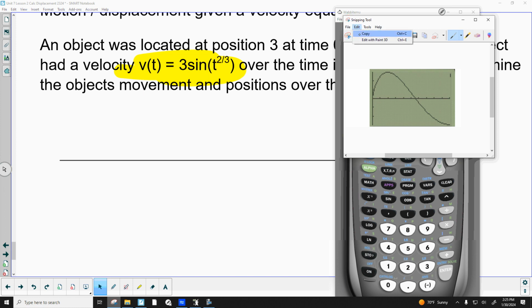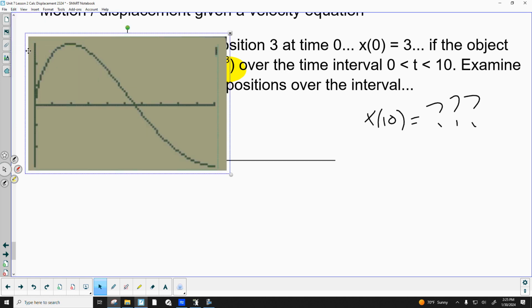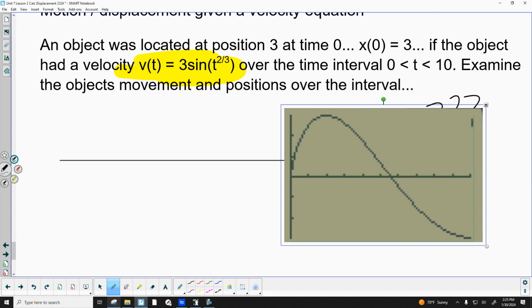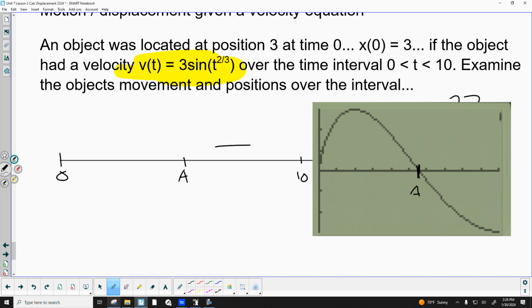Changing signs at whatever this value is right here, which I'm just going to label as A. All right, there's some sign change A. My signs change at A. I'll just leave it as A for now, and we'll talk about finding it in a second. My signs then change to negative from A to 10. This is my derivative sign analysis. This is telling me how my position is increasing or decreasing.